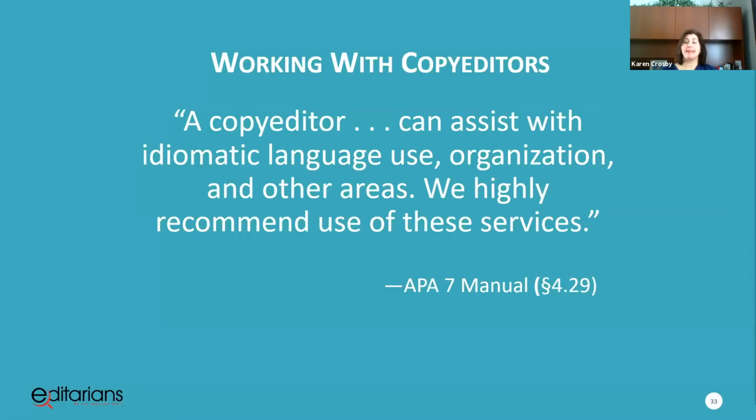To give you an example of style guide advice, the 7th edition of the APA manual, which is about a year old now, has a new section in its chapter on writing and grammar. It says, in part, that it highly recommends the use of copy editing services to help prepare a paper.